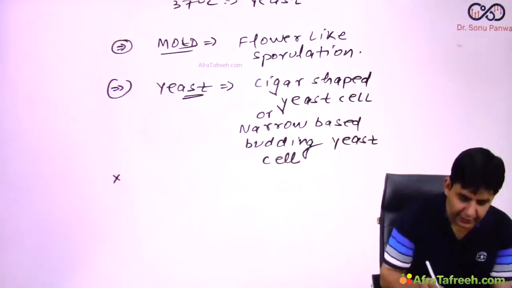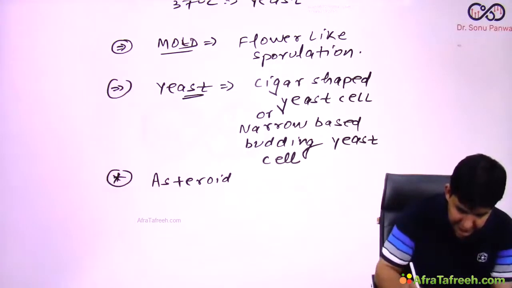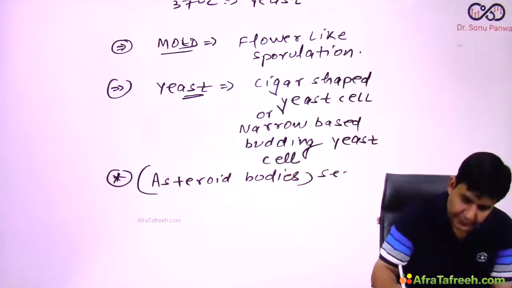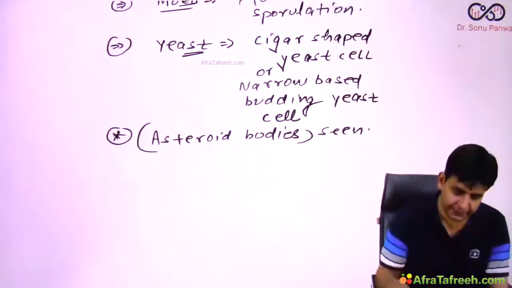Along with that, you remember one more thing. Here certain bodies are seen that are termed asteroid bodies. They are observed in sporotrichosis.